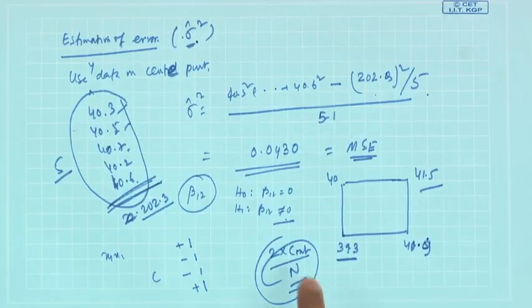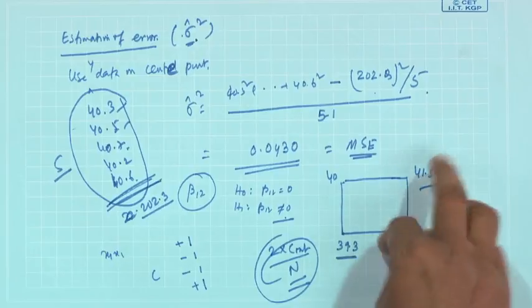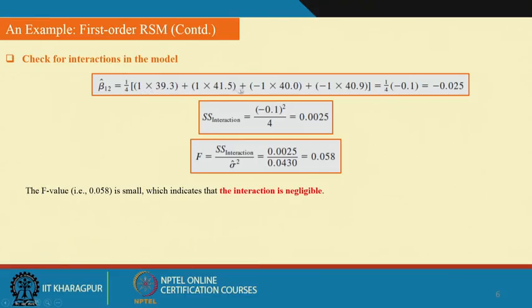So, using this contrast, 1/4 of this: 39, 41, 40. Since you are estimating the regression coefficient, which means effect by 2, that is why instead of 1/2 it is 1/4.